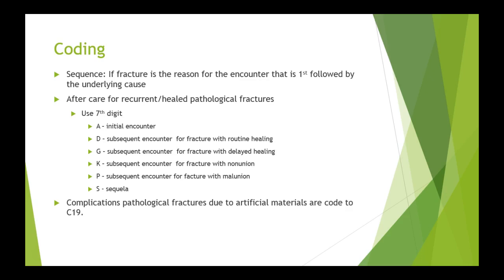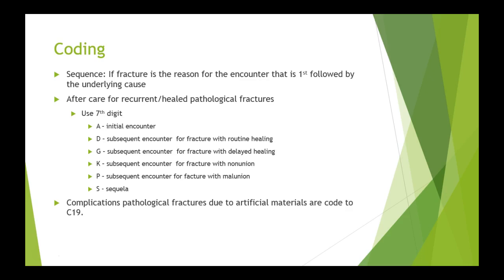But the 7th digit A is going to be the initial encounter, so when we first see the patient for that, or anytime we're having ongoing treatment from that initial encounter. Then we have a 7th digit character of D, which is a subsequent encounter for fracture with routine healing. G is subsequent encounter for fracture with delayed healing.